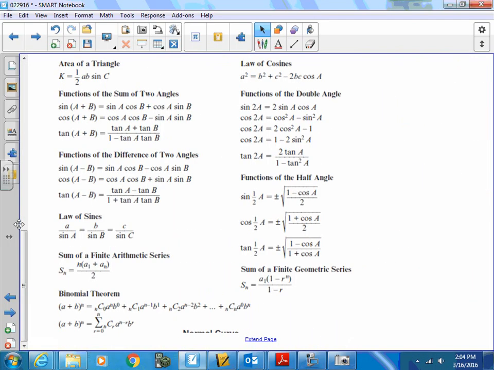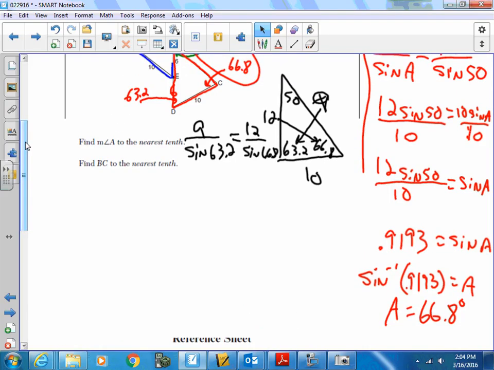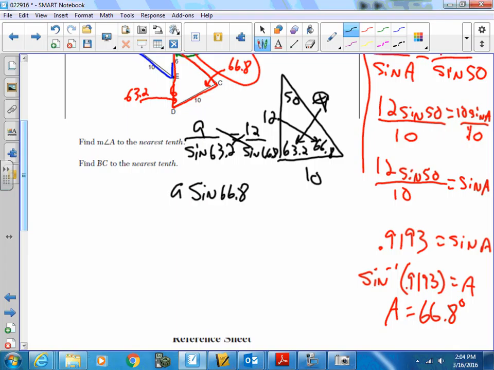All right, so now we can cross multiply, and we get A sine 66.8 is equal to 12 times the sine of 63.2, and we want to get A by itself, so just divide by the sine of 66.8 on both sides.